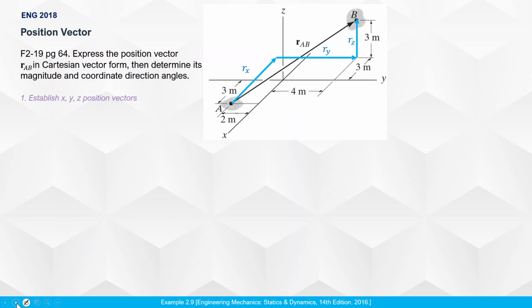So, after nun, you establish na yung x, y, z position vectors. If you recall, di ba, rx, ry, rz, isa lang naman yung formula. Head minus tail. So, we're talking about lang dimensions dito. So, in this case, ano yung head and ano yung tail ng rx? So for example sa Rx, yung head niya lumagpas na siya sa positive x-axis eh.